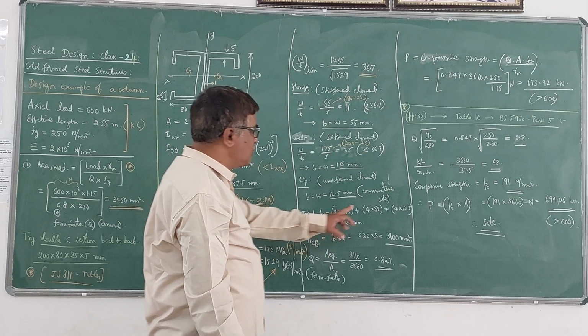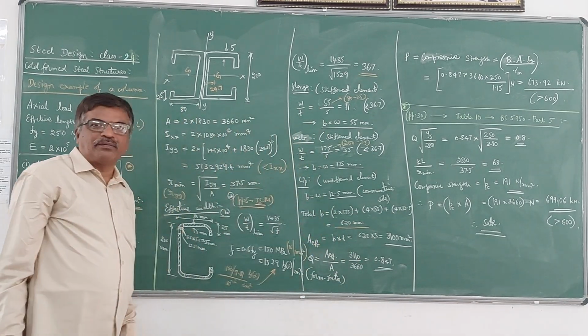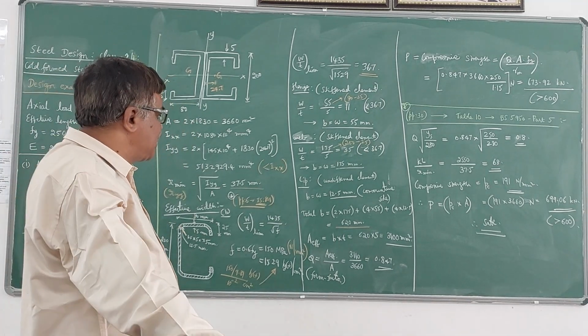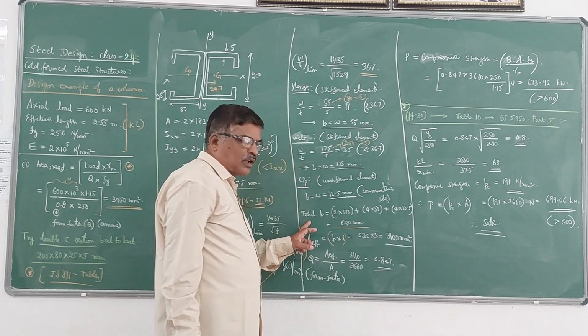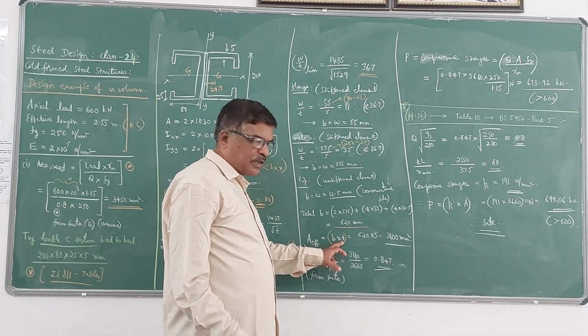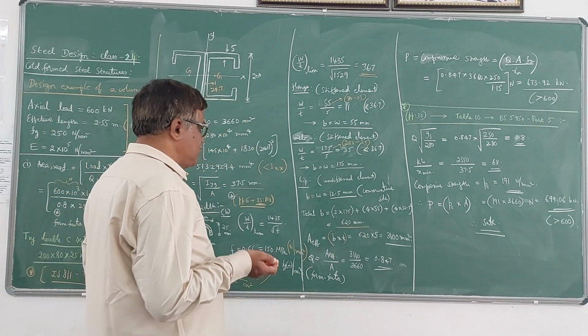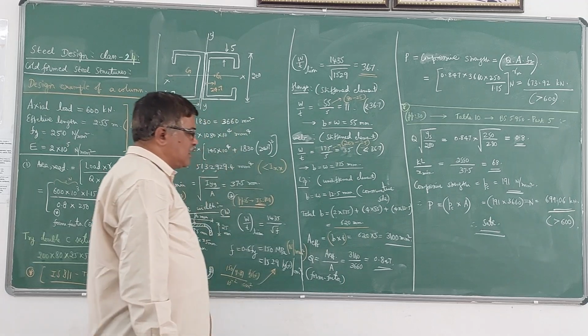So it becomes 4 into 12.5. If you add all of them, you are going to get the total effective width for the double C section, which is 620 mm. Now effective area becomes this total effective width multiplied by thickness, because it has got uniform thickness, it is 5 mm. So 620 into 5, you are going to get 3100 millimeter square.